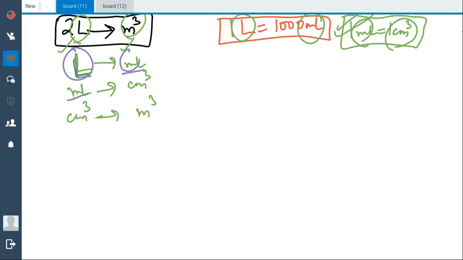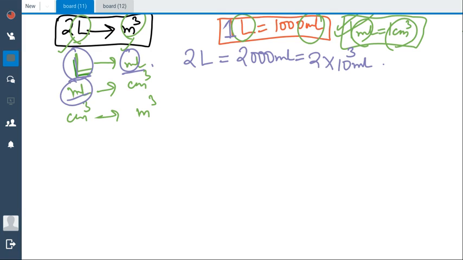First, liters into milliliter. If 1 liter is equal to 1000 milliliter, then 2 liters is equal to 2000 milliliter. I can also write it as 2 into 10 raised to 3 milliliter. Next, I need to convert milliliter into centimeter cube.